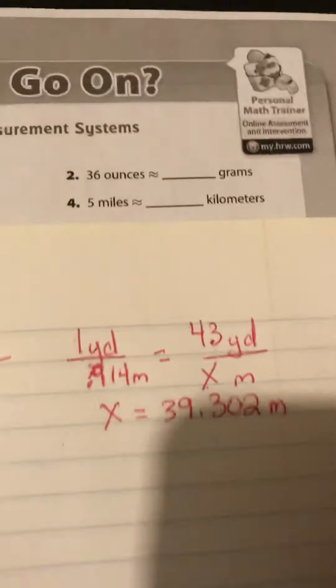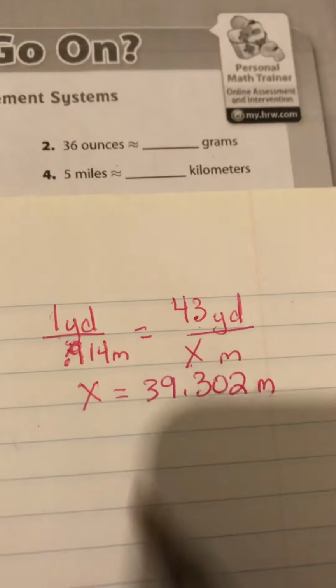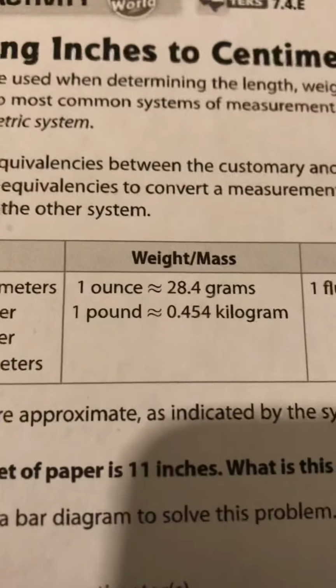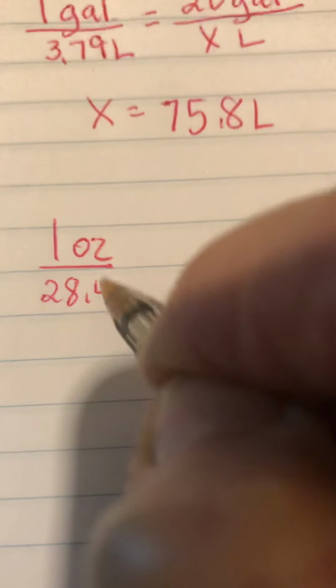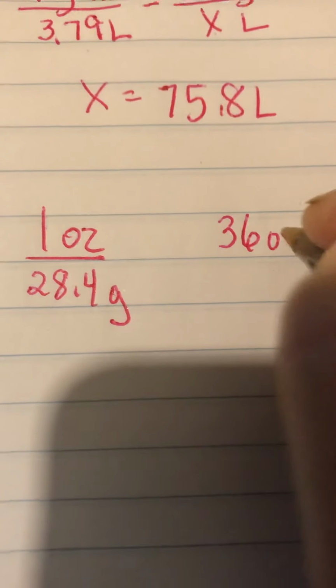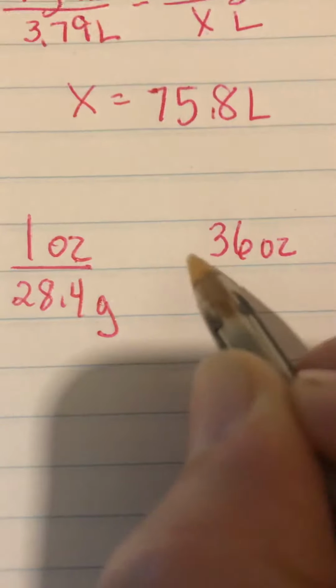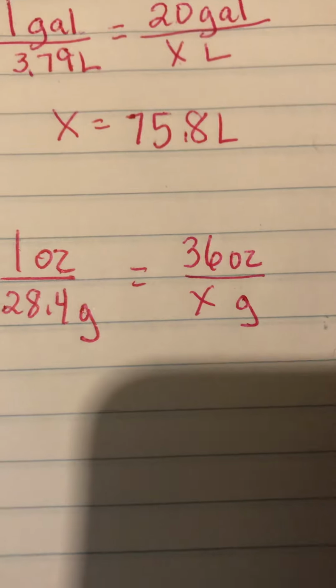Then here we're going ounces to grams. I go to my chart and find ounces to grams. 1 ounce is 28.4 grams. And I want to know how much 36 ounces is. Remember, 36 goes on top with the other ounces, and I want to know how many grams that is.